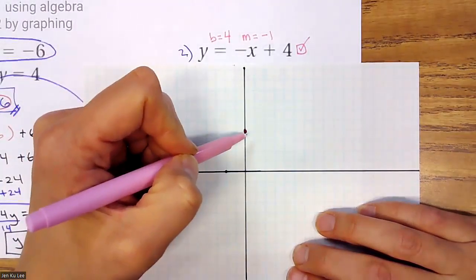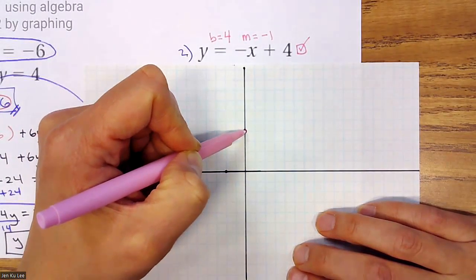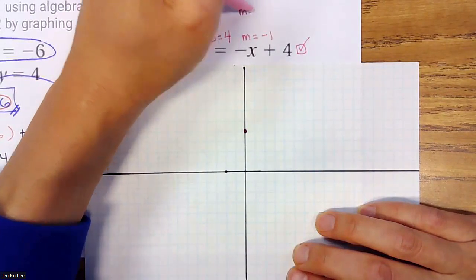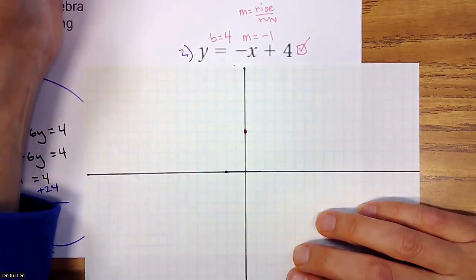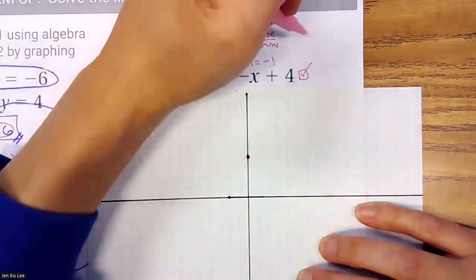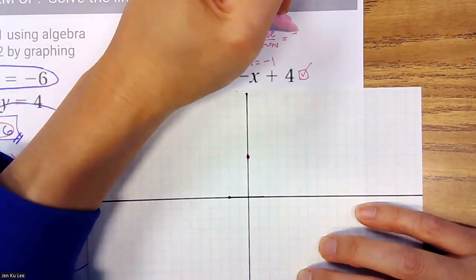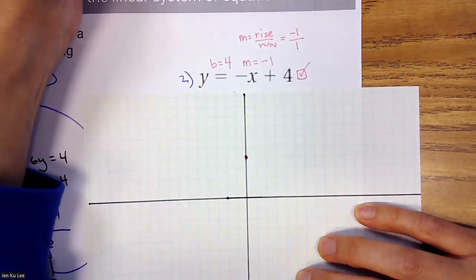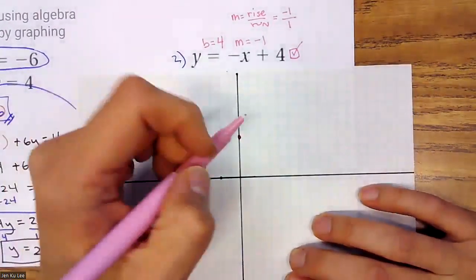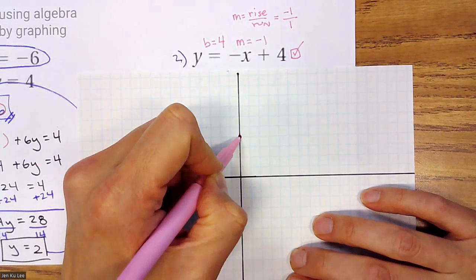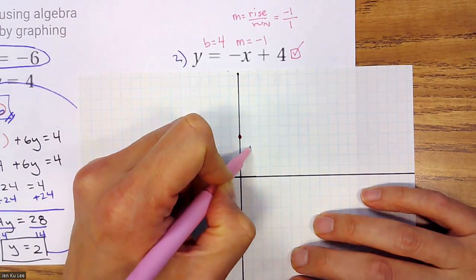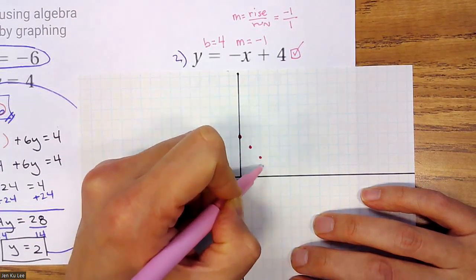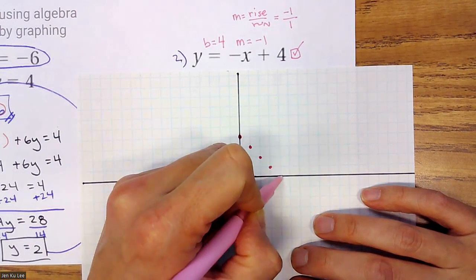Okay. And then my slope being -1, remember that my slope is rise over run, and that is equal to -1 over 1, right? So if I rise -1, that means I'm going down 1. If I run +1, that means I'm going to the right 1. Down 1 to the right 1, down 1 to the right 1, down 1 to the right 1.